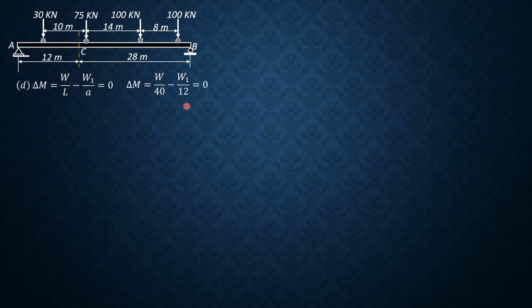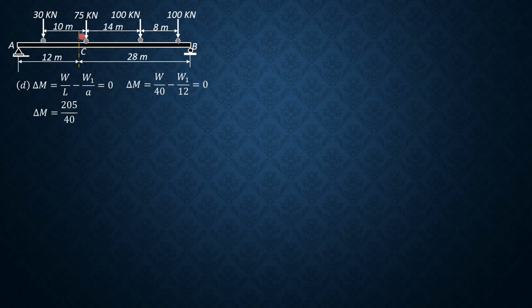So W1 over A 12 equals 0 for a moment at C. So delta M equals, this is when the 30 kilonewton load is just to the left of C, so that this is part of the W1.